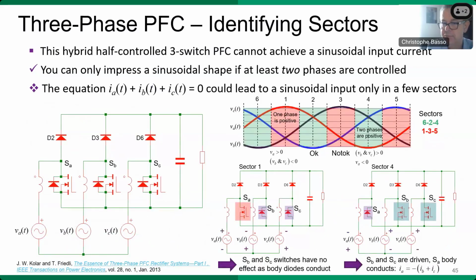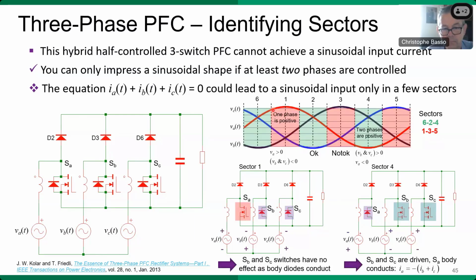In the balanced three-phase network, the input waveforms are delayed by 120 degrees, implying certain combinations of polarity at a given time. And we can distinguish different sectors to identify the phase voltages. And these sectors are usually numbered from 1 to 6. In sector 1, for instance, phase A is positive.